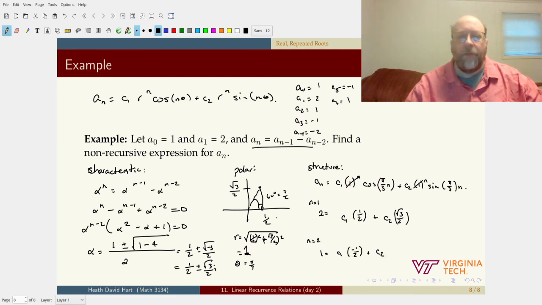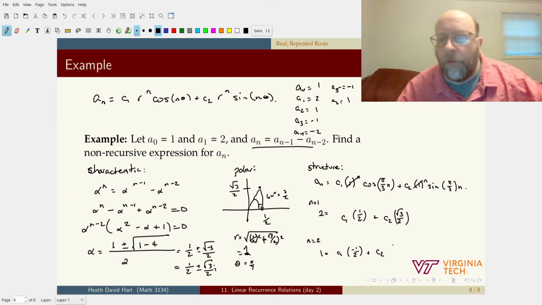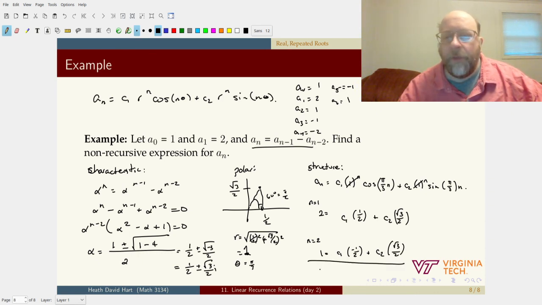Plus c2, but the sine is still square root of 3 over 2. All right, if we add these, we get 3 is equal to, these terms cancel each other out, square root of 3 over 2 and square root of 3 over 2 added together is just square root of 3 c2.